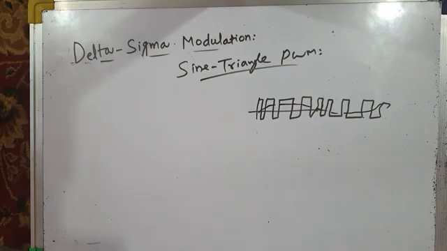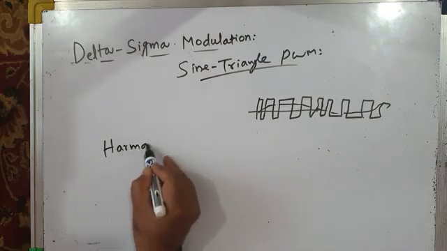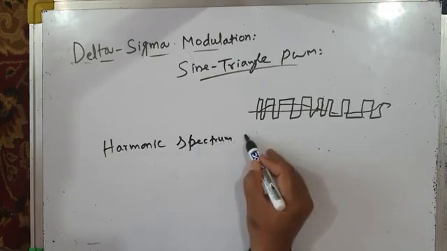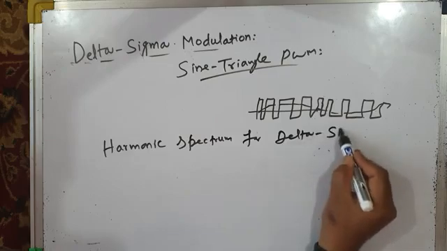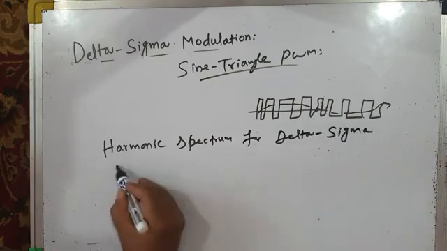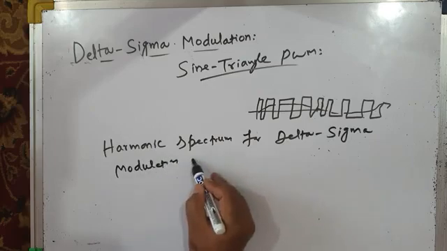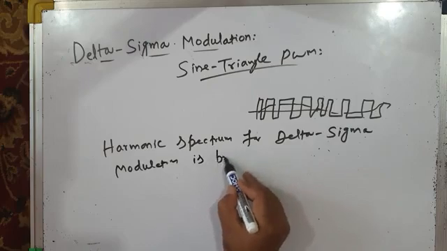If you want to compare the two techniques, the harmonic spectrum for delta sigma PWM or delta sigma modulation is broader.